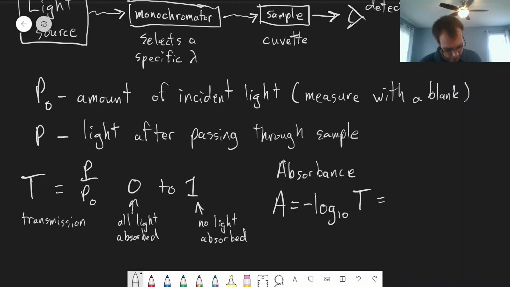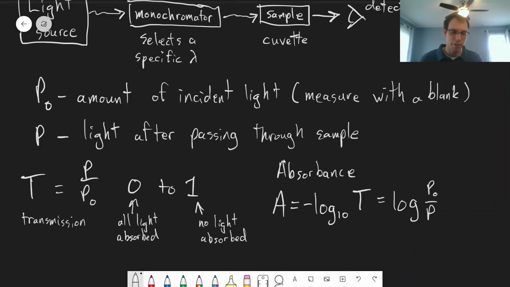Or we could say this is the log of P naught over P, just using properties of logarithms. The negative sign disappeared just because we can swap the fraction. Properties of logarithms, if we have a negative sign in front of the logarithm, that's the same thing as taking the top and bottom and swapping our fractions.